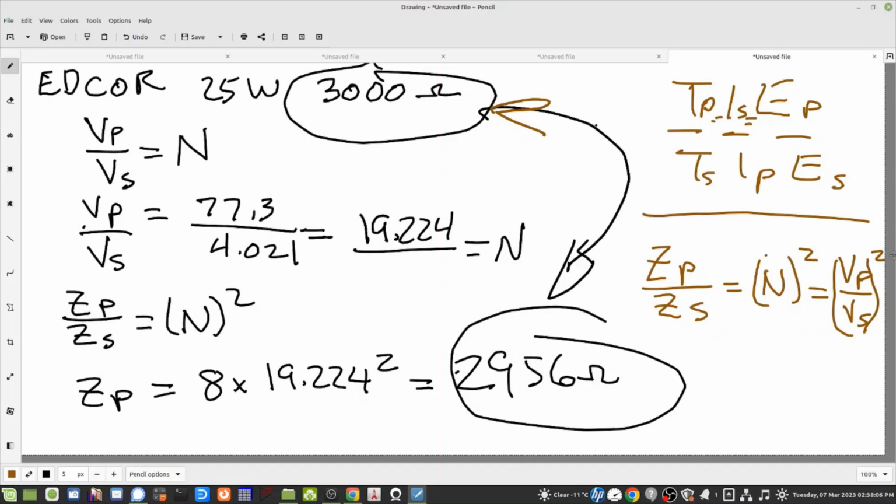So, I hope you tube timers have learned a little bit of something from this. It's an important formula. If you have a transformer on the shelf and you know some fundamentals about it, you can determine its input impedance as far as the tube is concerned.